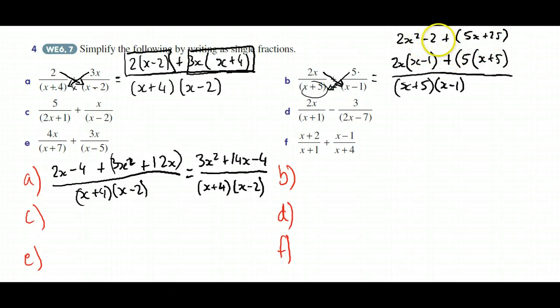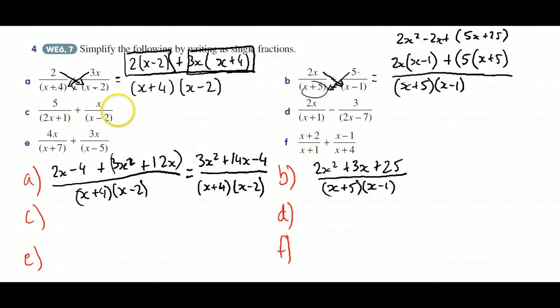The like terms are negative 2x and 5x, and that's going to become 3x, which we'll put down here. So down here we've got 2x squared, negative 2x plus 5x which is 3x, and plus 25, and this is all over x plus 5 in brackets, x minus 1 in brackets.